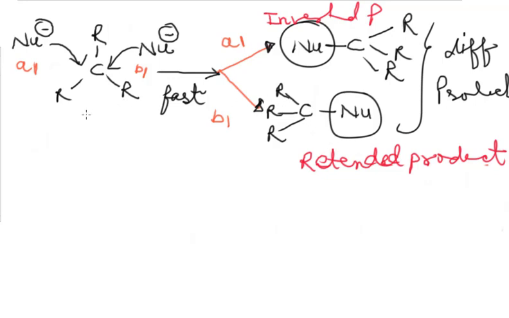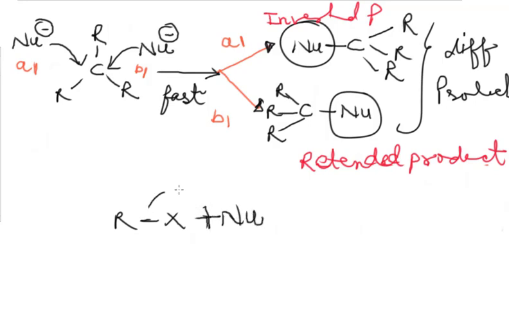Now, what is the difference between the inverted product and the retained product? In case of the inverted product, the attack of the nucleophile and the removal of the halogen, that is X, take place in opposite directions. This is X, and Nu stands for the nucleophile.